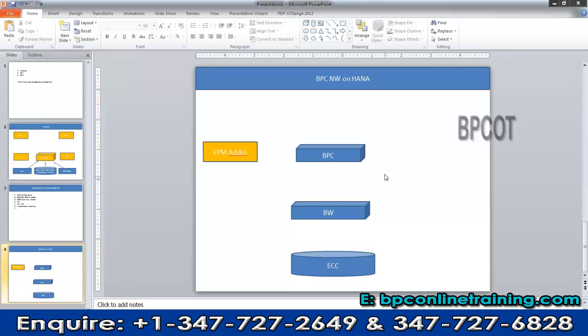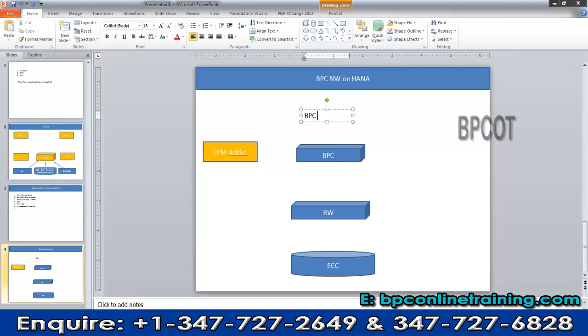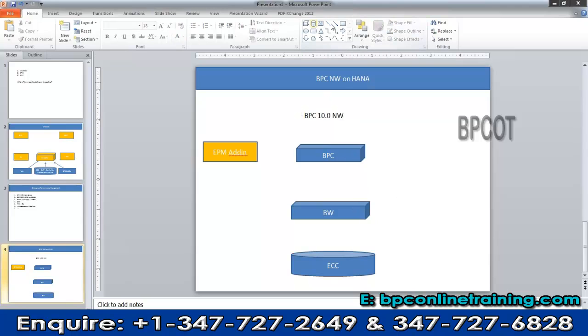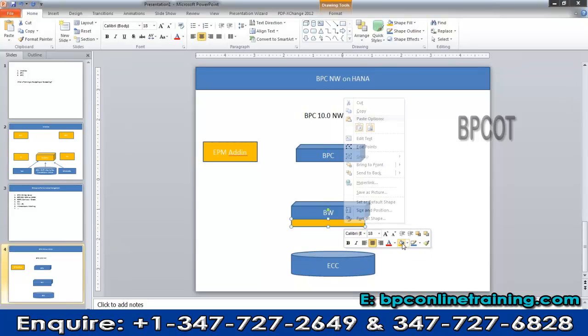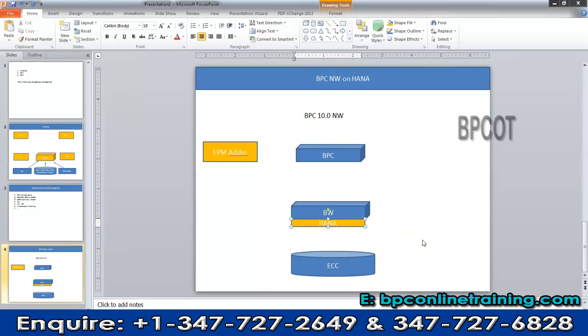Now, earlier, when I say BPC 10 NetWeaver, the structure is like this, and the base here for this BW is HANA. Sorry, not HANA. Oracle. Oracle or DB2, whatever.